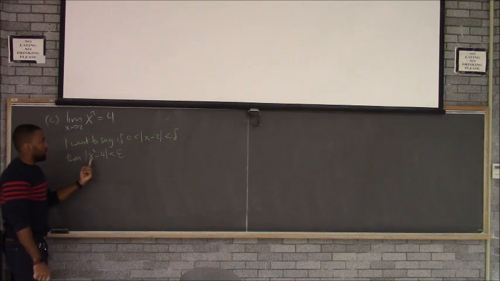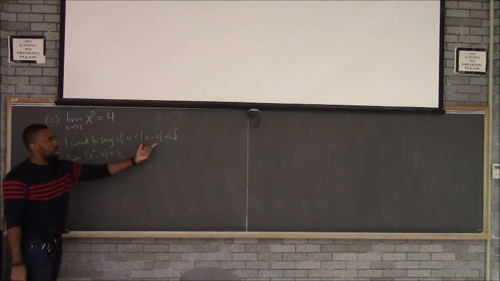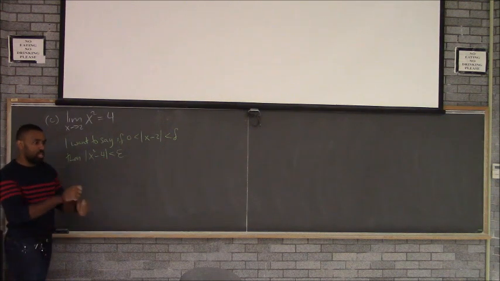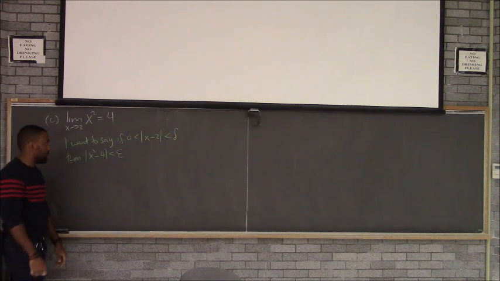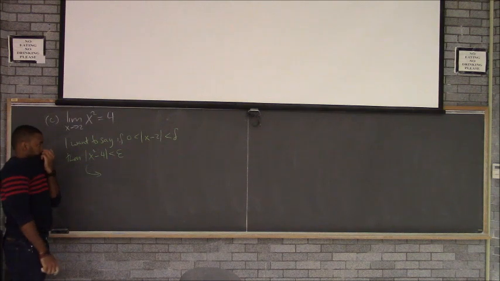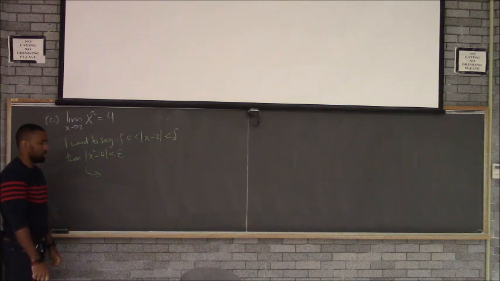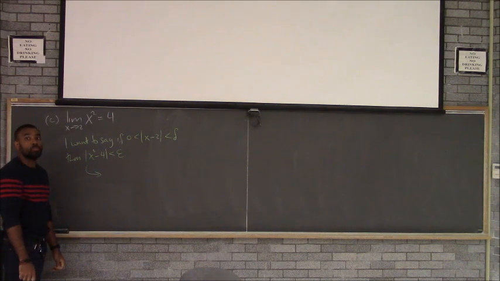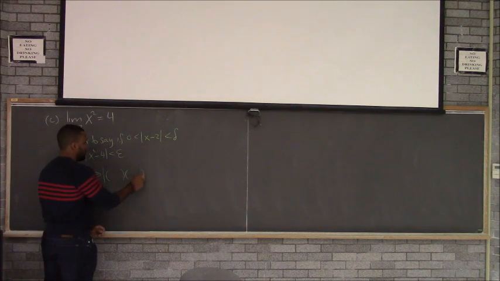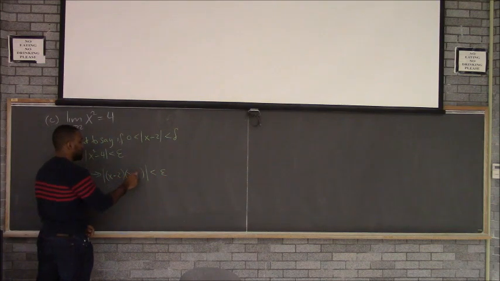So what I want to do is to make sure I can somehow squeeze this x minus 2 out of this guy, replace it with delta, and then calculate what my delta needs to be. So how can we get that x minus 2? Well, we factor. So that's x minus 2, x plus 2.